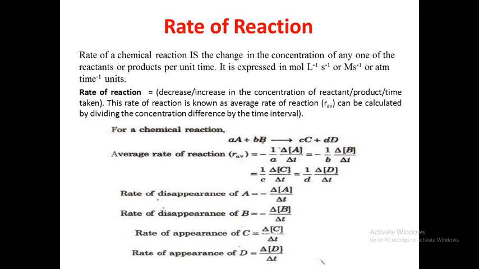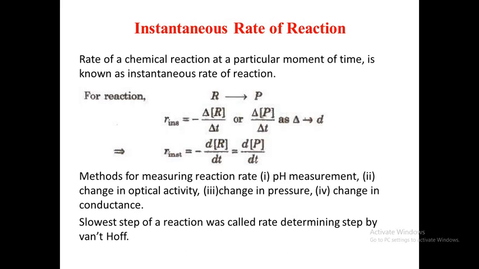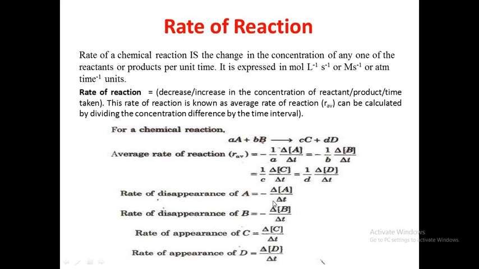Again in case of products, since product always increases, therefore the rate is always positive. Okay, and then to get the equal value for each and every rate, we have to divide their expression by their coefficients.